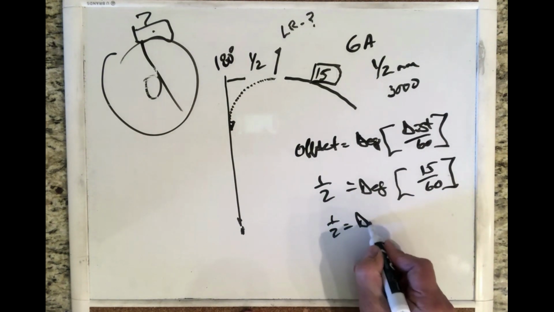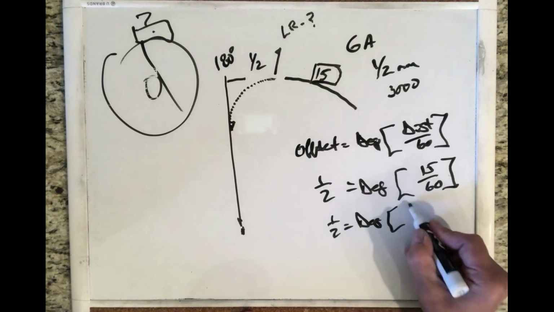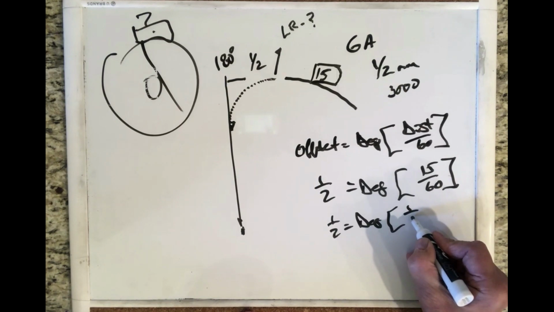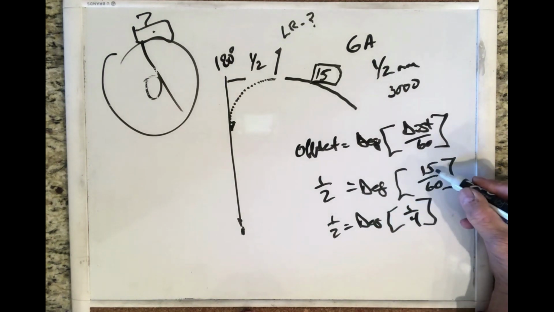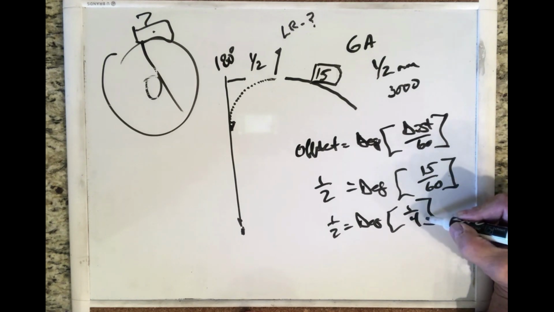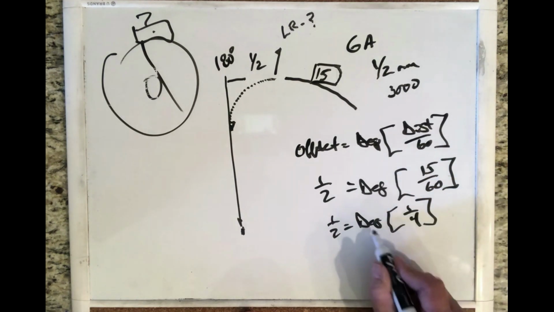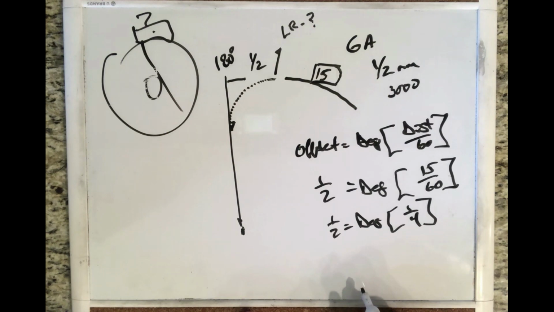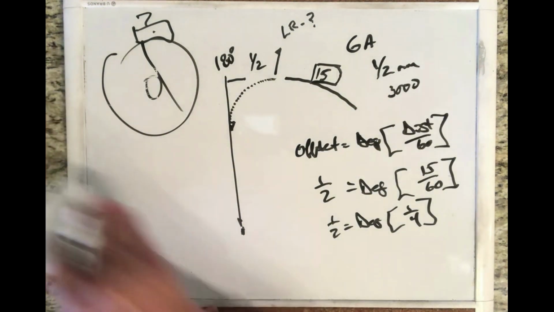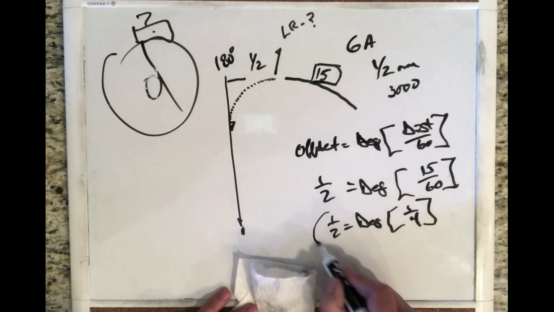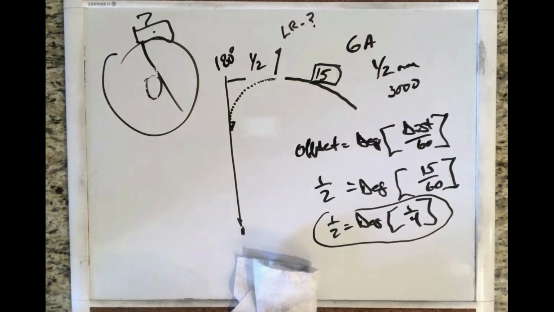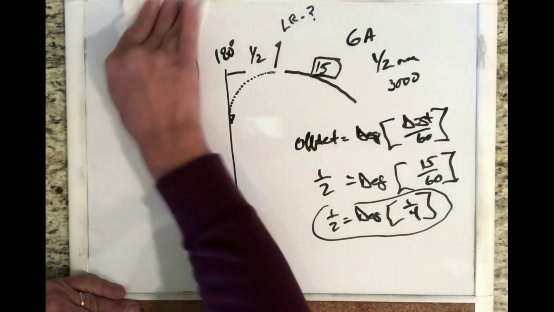Half equals degree times 1/4. 15 goes into 15 once, 15 goes into 60 4 times. But remember, we're looking for degrees here, right? We're looking for degrees. Now I'm going to do a little bit of kind of algebra here. So let me rewrite that over on this side.